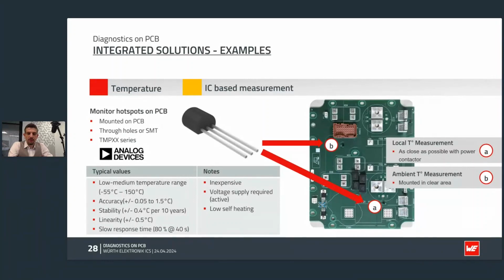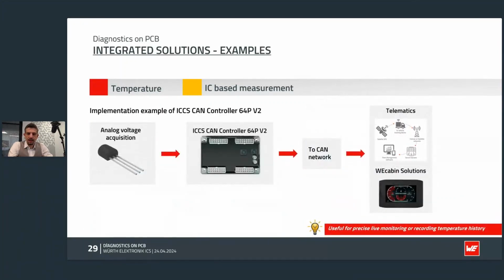Cost-wise, they are only a few cents more expensive than an NTC solution, so more or less equivalent on a global function cost. The advantage of this IC is that the voltage coming out, which represents the temperature, is not impacted by the impedance of the analog input used to read it, and is linear, which allows an easier implementation in the system.